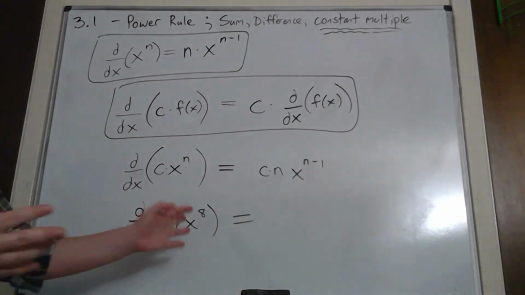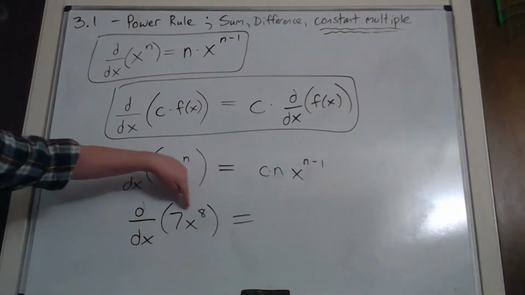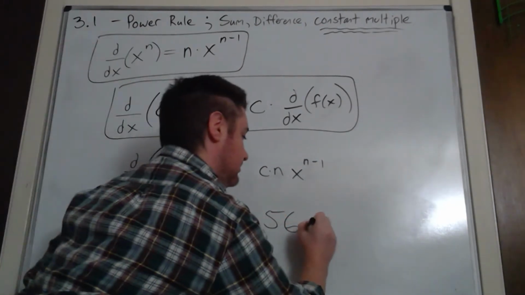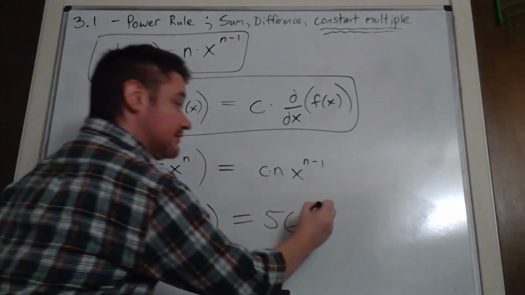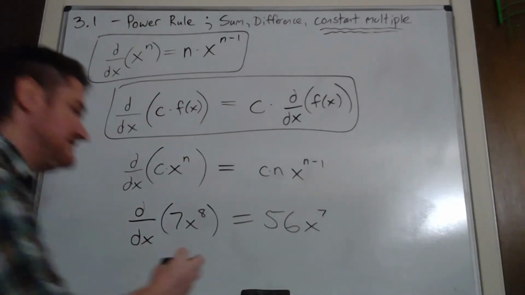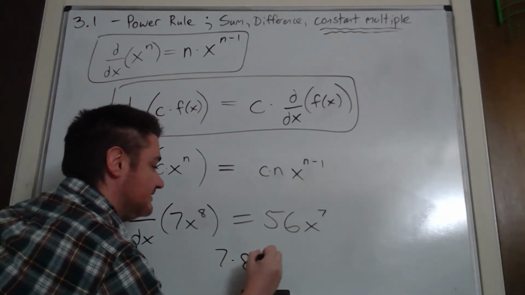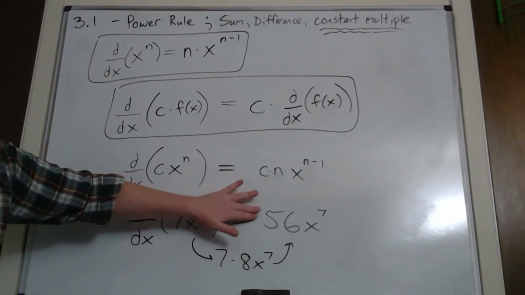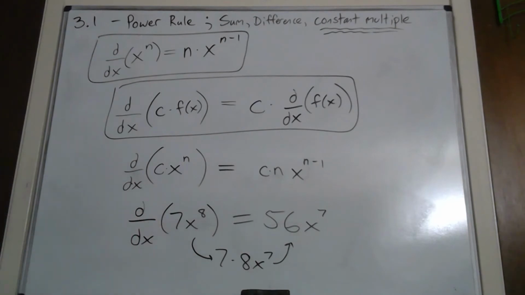But then I'm going to have a 7 and an 8 sitting out front, so I'll multiply them. So this 8 times that 7 is ultimately going to give me 56x, and then decrease the power still to the 7. All right, so I did that instead of writing 7 times 8x to the 7th. That's the mechanics that are happening right there. But yeah, combine those rules for a nice little shortcut, and that works fine.